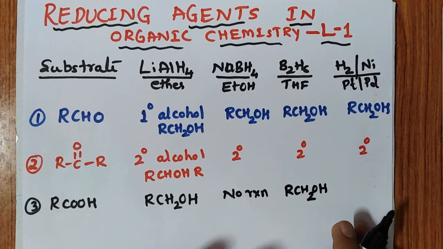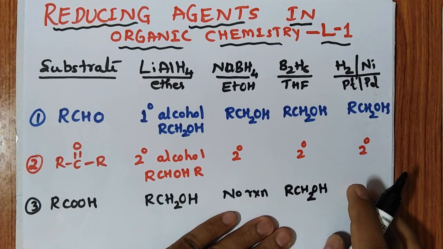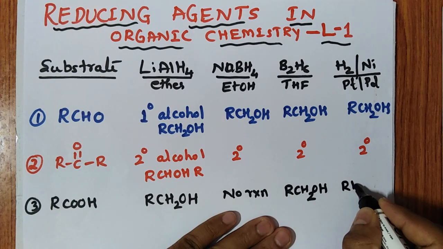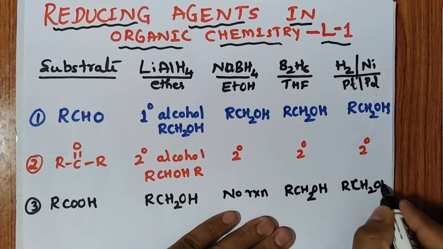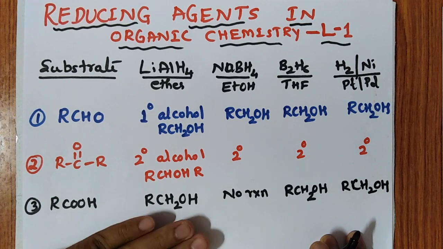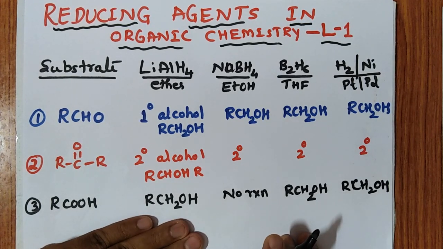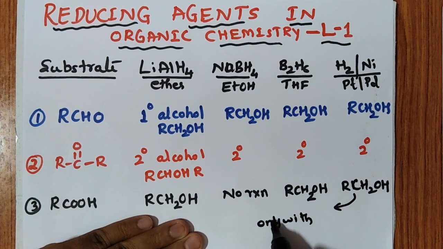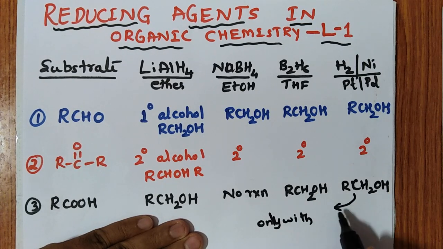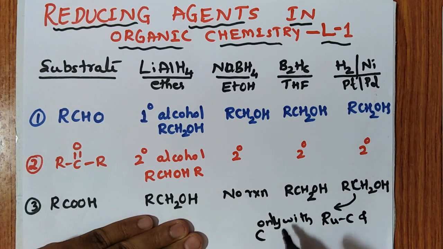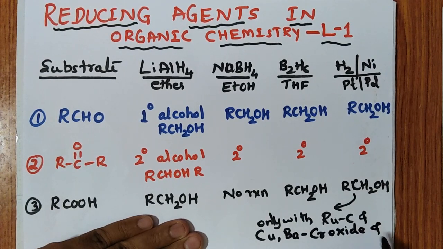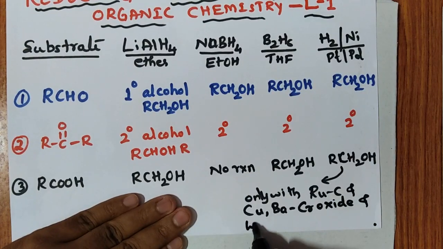But with this, I will tell you, with hydrogen in presence of nickel, with conditions applied, RCH2OH you are going to obtain. But what is the condition then? Remember, this is only with ruthenium carbon, and copper, barium and chromium oxide, and remember Wilkinson's catalyst.